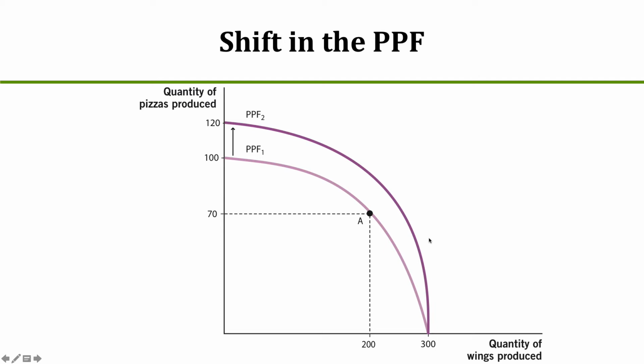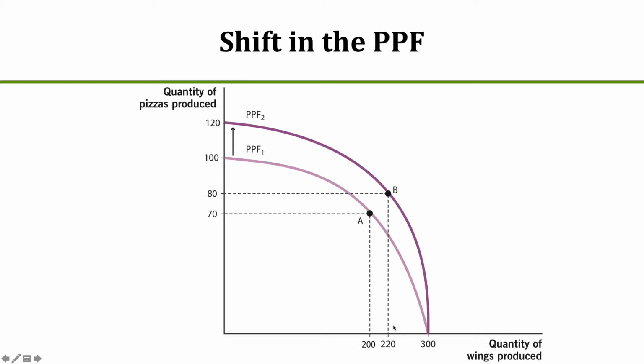If the country is producing efficiently, the country will be at point B. At the final point B, the country is producing 80 pizza and 220 wings. As you can see, even if the technological increase is affecting the pizza production, this country is producing more wings compared to before. Before it was producing 200 wings, but right now it's producing 220 wings.